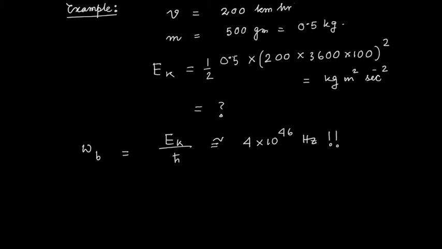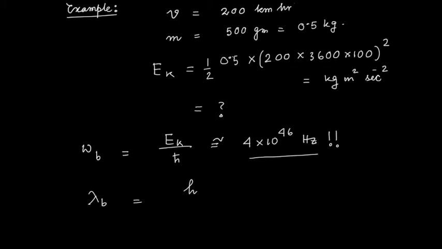The oscillation of electromagnetic waves is 10 to the 14 hertz, which is 10 to the 14 to 10 to the 15 times a second. This will shadow everything out of the window. This is 10 to the 46. It's even like 10 to the 30, 31 times faster than the electromagnetic wave.